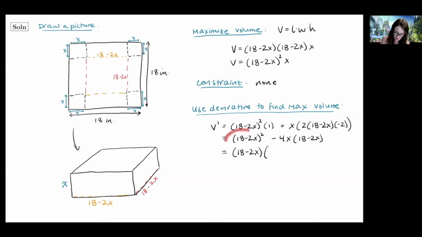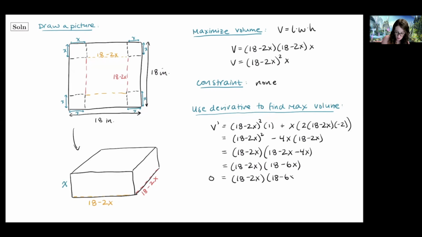What's left over here is an 18 minus 2x to the first. And what's left over here is a minus 4x. Then we've got negative 2x minus 4x, so we can combine those together in that second factor into 18 minus 6x. All right, we would like to set this equal to 0.